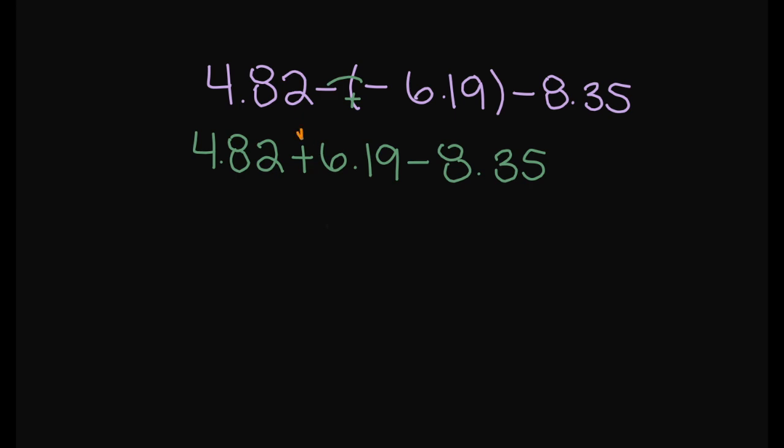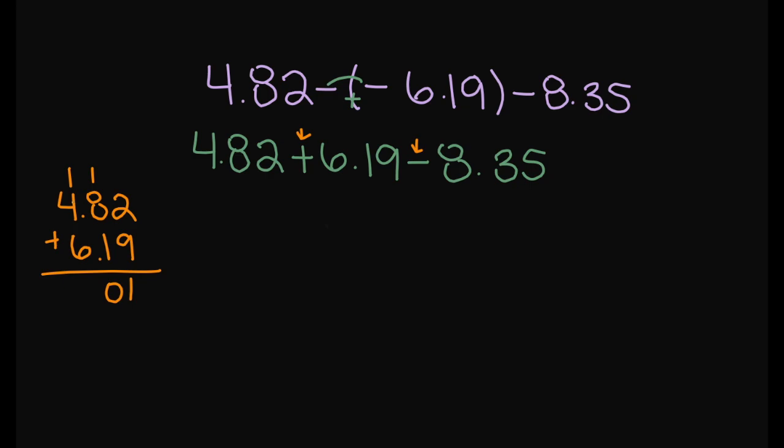Because we have addition and subtraction here, I'm going to go from left to right. So we're going to do 4.82 plus 6.19. 2 plus 9 is going to be 11. Bring down the 1, carry the other 1. 1 plus 8 is 9. 9 plus 1 is 10. Bring down a 0, carry the 1.